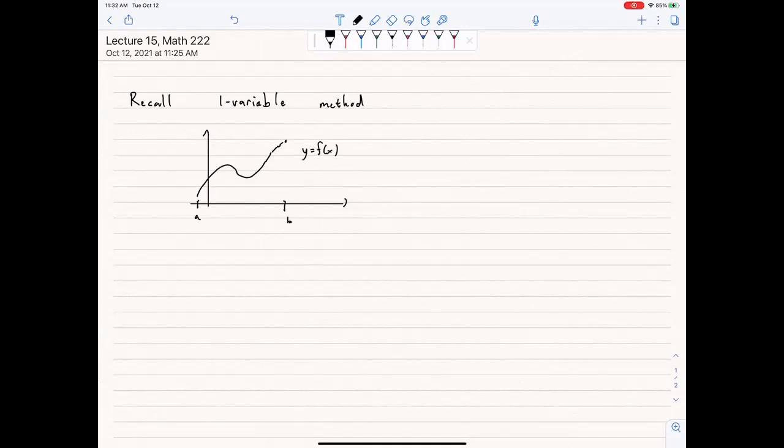So we have 2 interesting things that we learned to find in one variable calculus, 2 critical points, which we'll label C1 and C2, and they're where our derivative is 0. These are the x values, but then we can look at the y values by applying f, and we'll get the critical values.